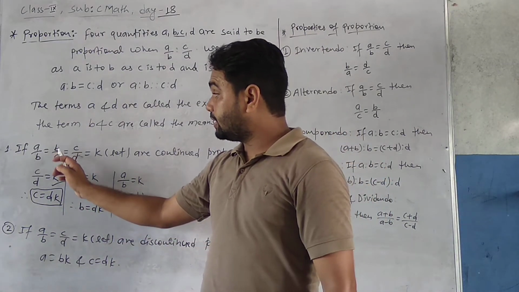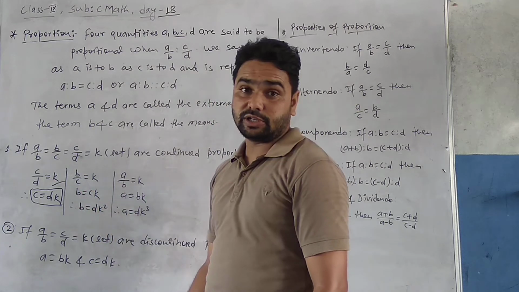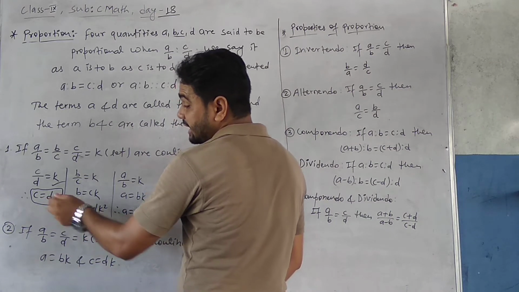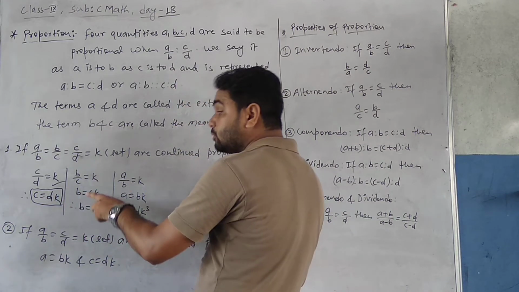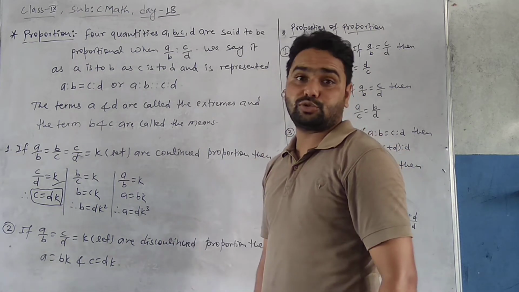Similarly, B upon C equals K, so B equals CK. But C equals DK is in the form of D and K, so we write B also in the form of D and K. Then it is easy to simplify.